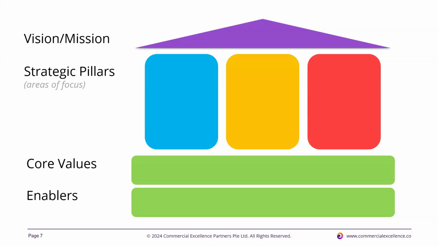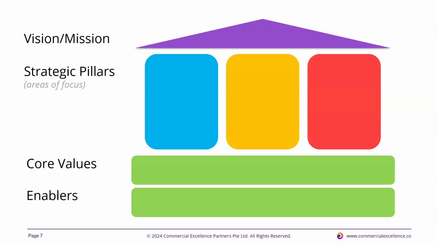And underlying this, we have our core values as an organization, and enablers. Enablers are things like talent development, innovation, sustainability. We need to have all of these assets and muscles to add value when we're striving towards progress in each of the strategic pillars. So that's what a strategy house looks like.